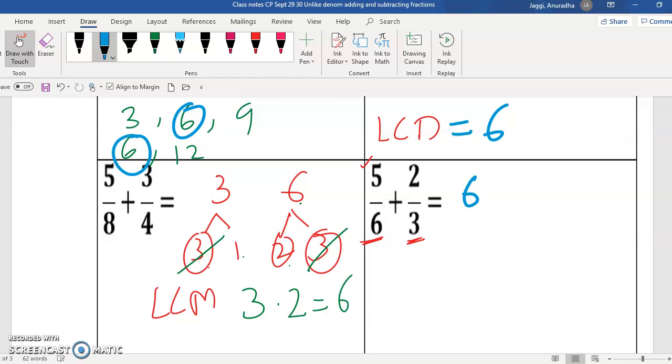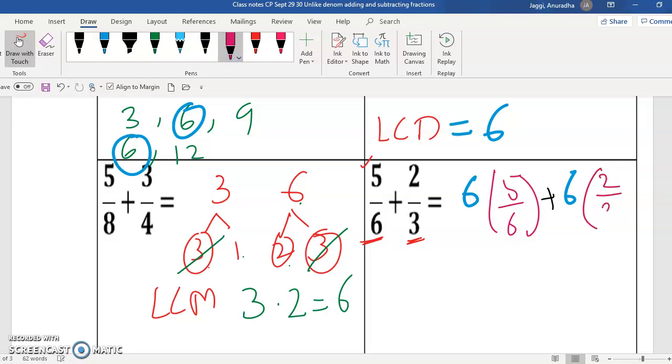You multiply the LCD with each fraction. I keep switching between LCD and LCM. They are the same thing, right? Step 3 would be to simplify.